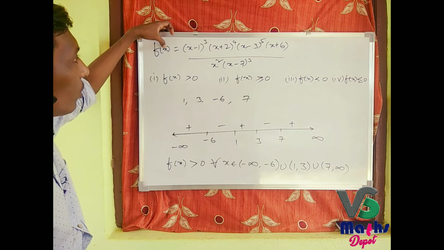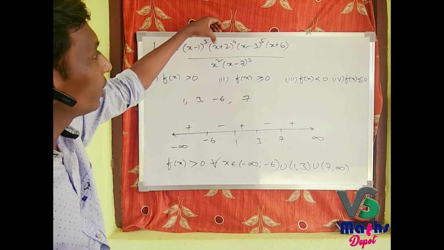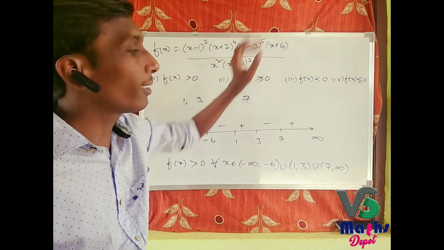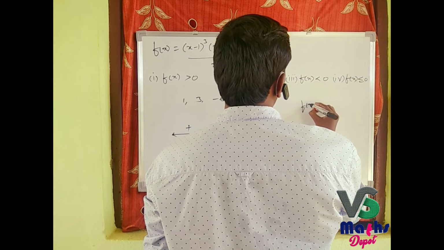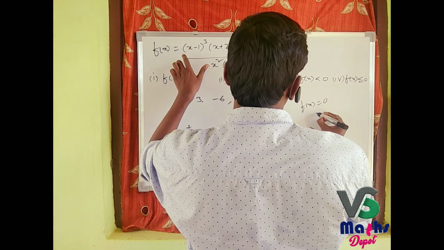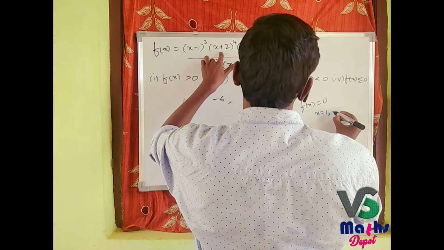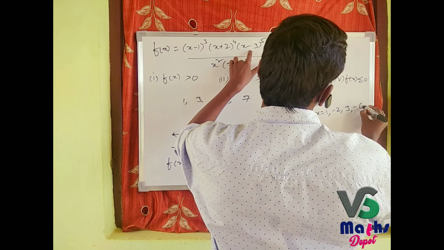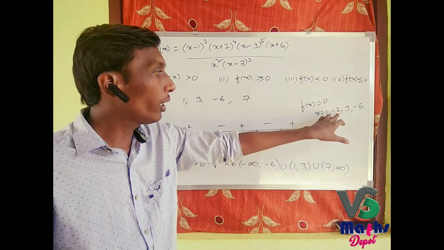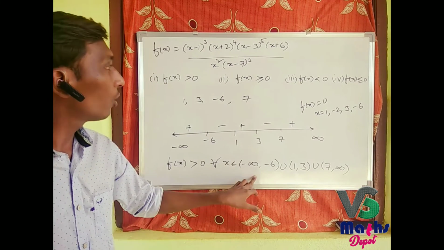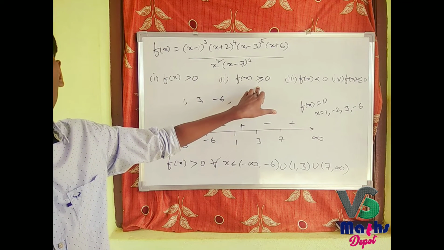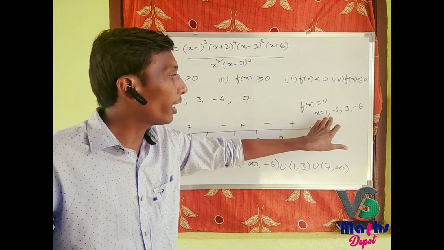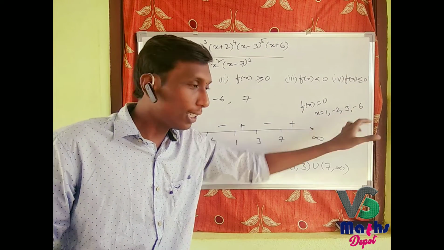Observe that f of x is equal to 0 at x equal to 1, x equal to minus 2, x equal to 3, and x equal to minus 6. We have to include these values x equal to 1, minus 2, 3, minus 6 to get the answer of this one.